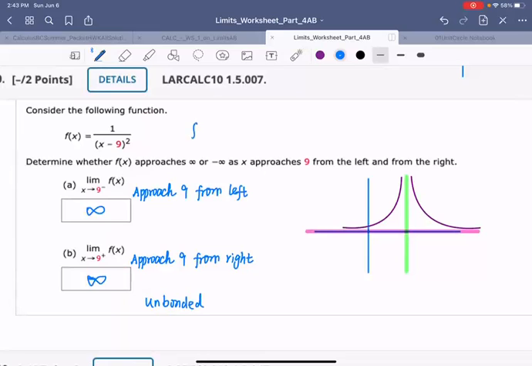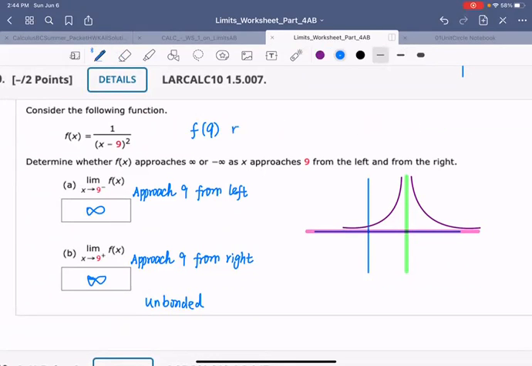If you ask me, how much is f(9)? f(9) does not exist. Oh, sorry, hold on. For the function value, we should say not defined.